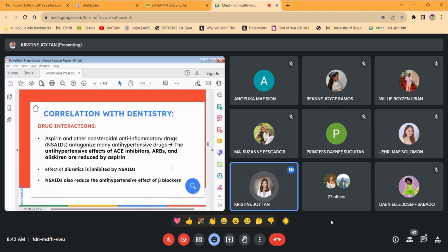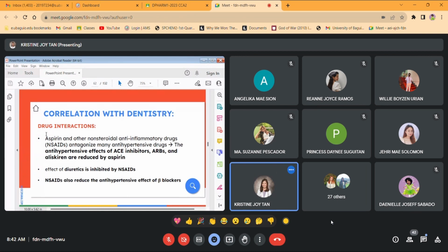So, important correlations with dentistry will be drug interactions. So, take note, aspirin and other NSAIDs antagonize many antihypertensive drugs.